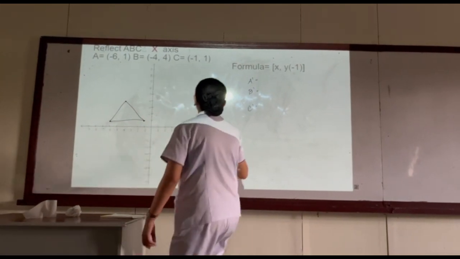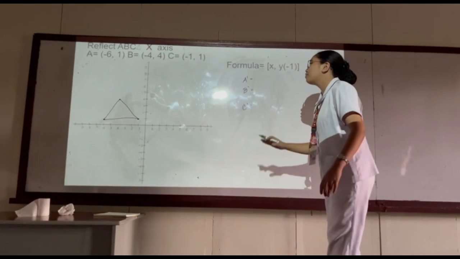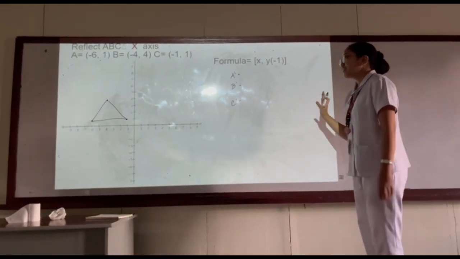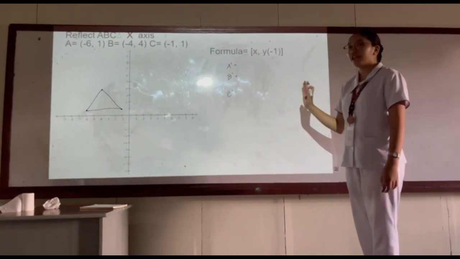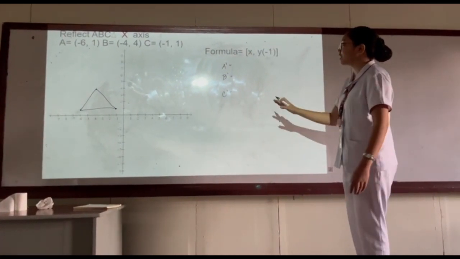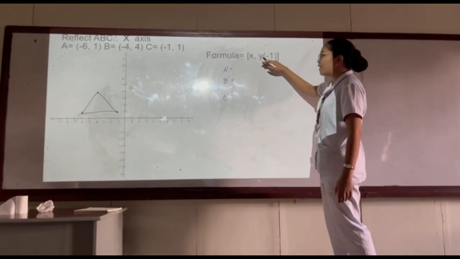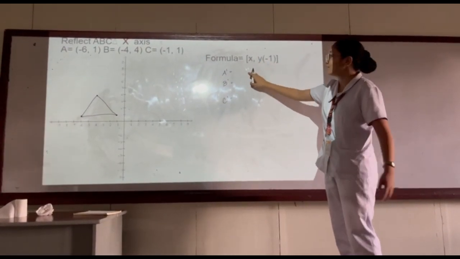Now we have our formula. In reflecting over the x-axis, we're just going to do a similar formula as in reflecting over the y-axis, except we're going to multiply the y value instead of the x value.